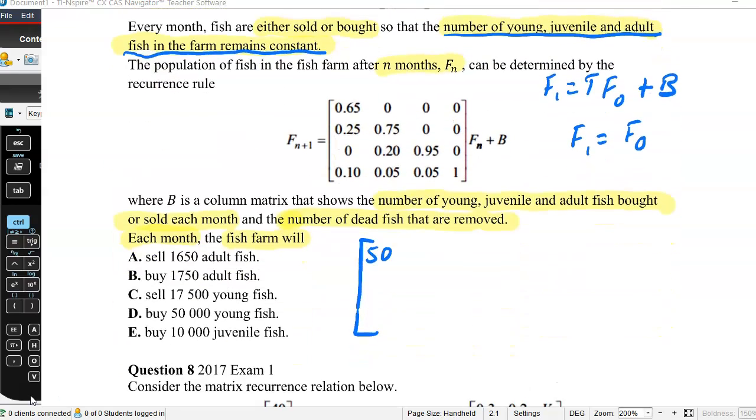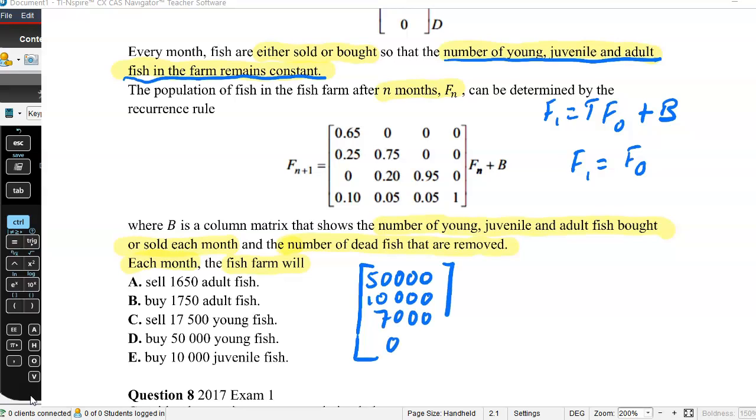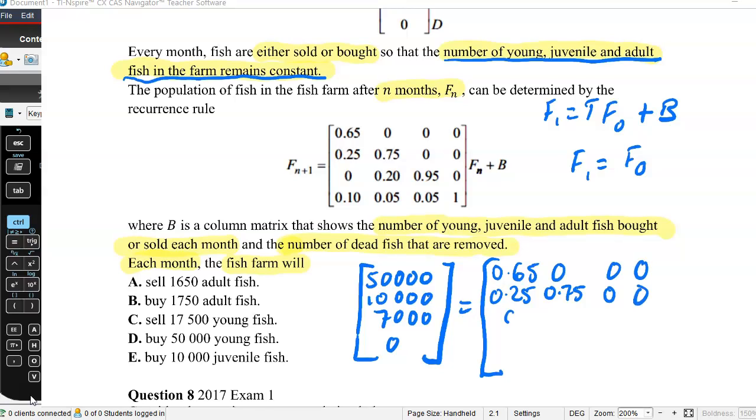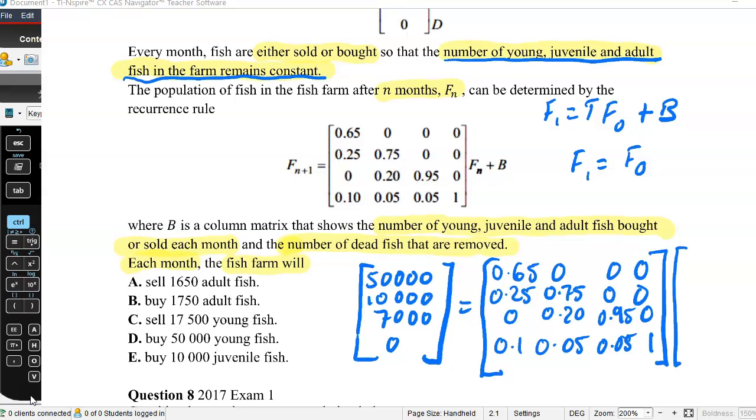So 50,000, 10,000, 7,000, 0 equals our transition matrix, 0.65, 0, 0, 0.25, 0.75, 0, 0, 0, 0.2, 0.95, 0, 0.1, 0.05, 0.05, times 50,000, and so on. I've not left myself much room there.